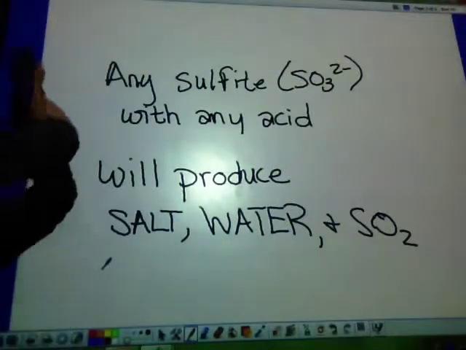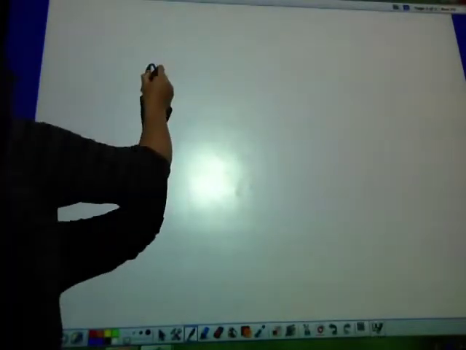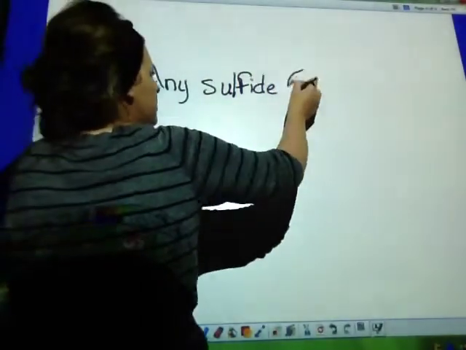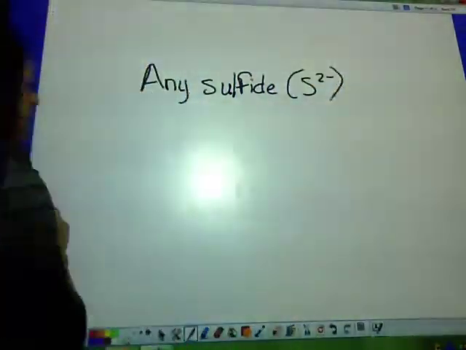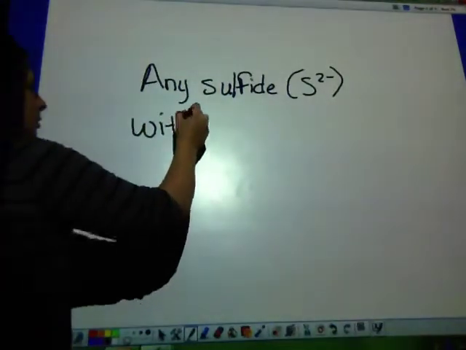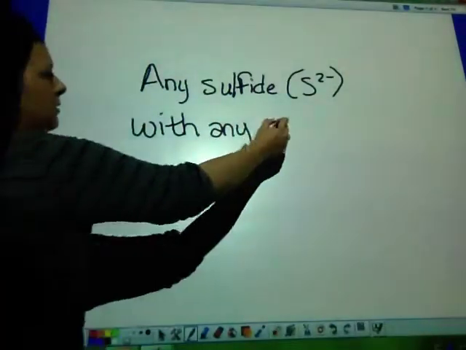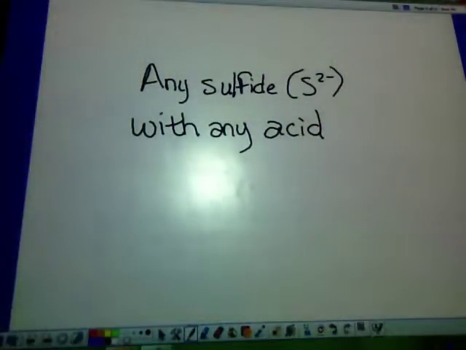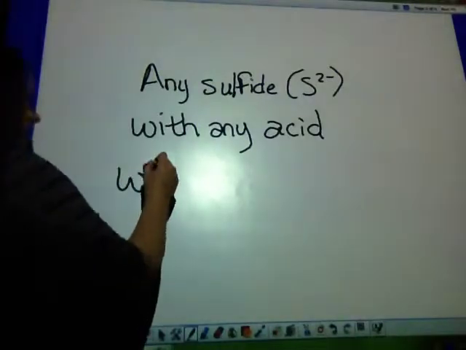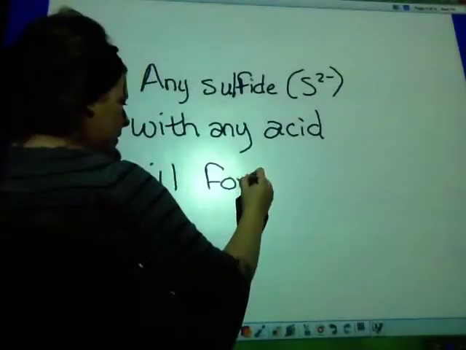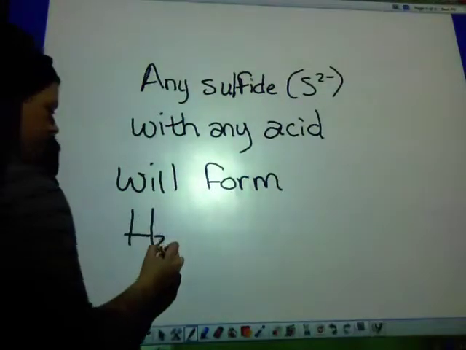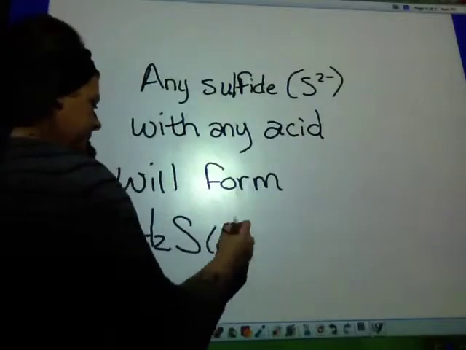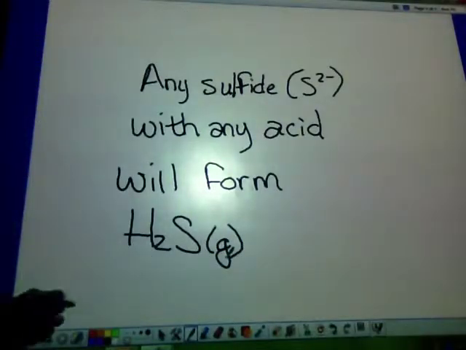So let's write this one down. Any sulfide, which is S2-, with any acid will always form hydrogen sulfide, which is a gas, and salt.